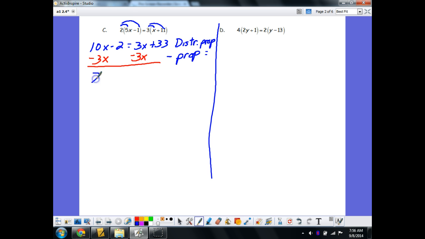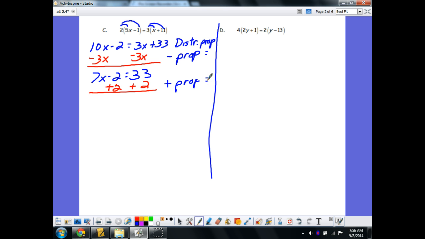So then solving this, we get 7x minus 2 is equal to 33. To move the 2 now, we add 2 to both sides, and that is the addition property of equality.